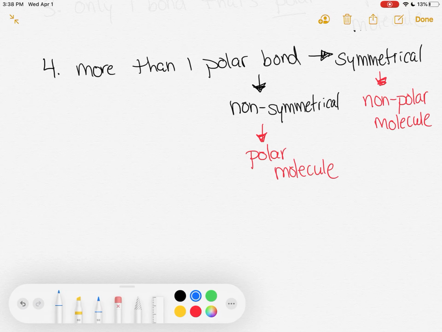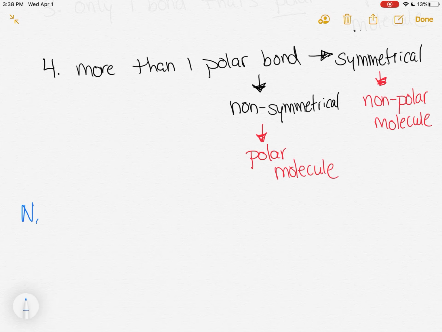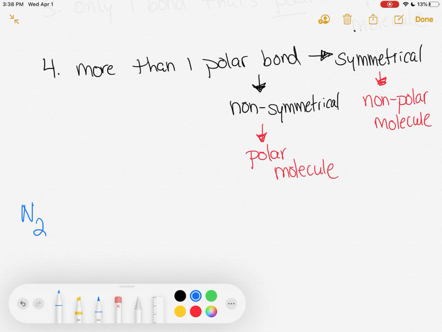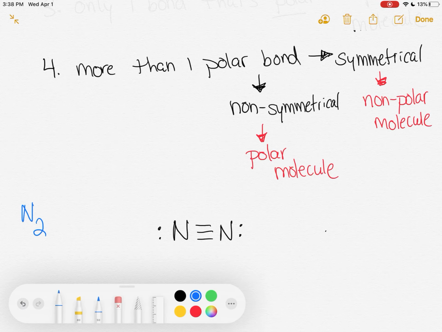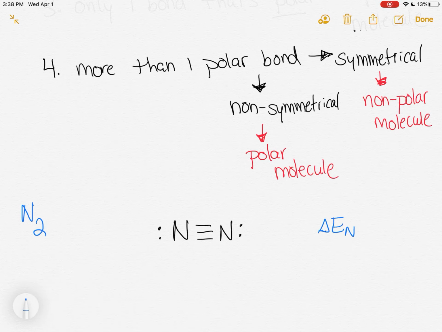So the next example that we're going to do is N2, so some nitrogen. Okay, nitrogen, when we draw the Lewis structure, has a triple bond. And the difference in electronegativity between nitrogen and nitrogen is 0, which means we have a nonpolar bond.